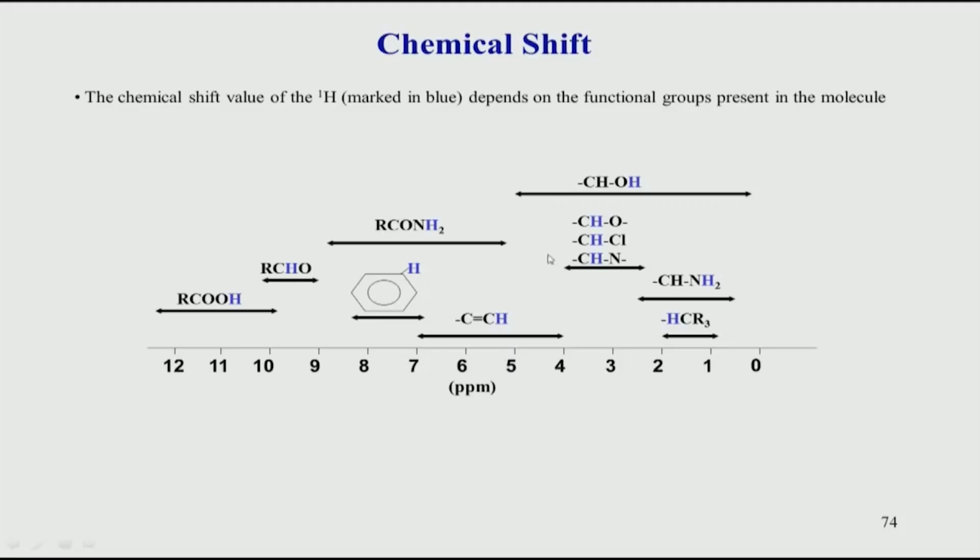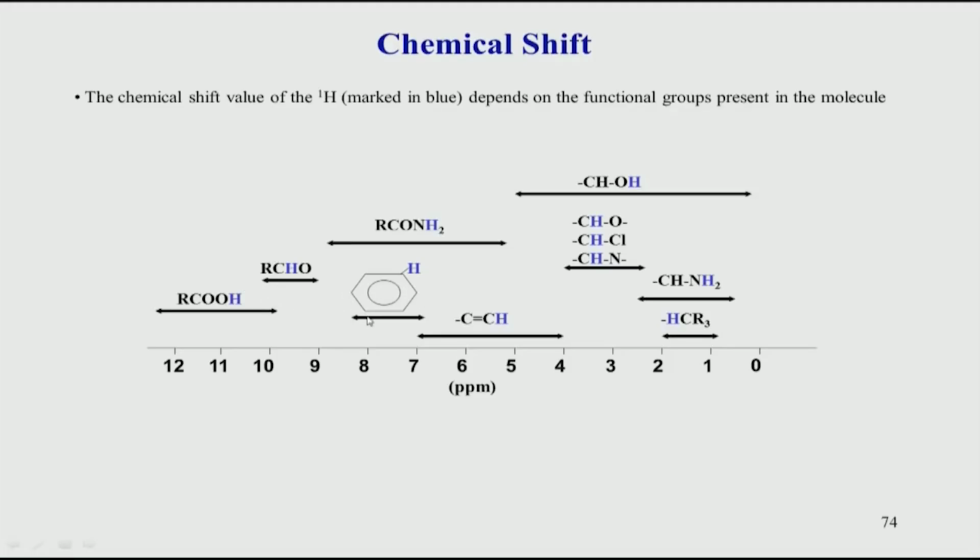You can see that these aromatic functional groups, the hydrogen atom attached to an aromatic ring, or amide protons, that means hydrogens attached to CO and NH2, come very much downfield shifted, at a higher ppm value, and this carboxylate group is very typical, it comes at a very high chemical shift value.